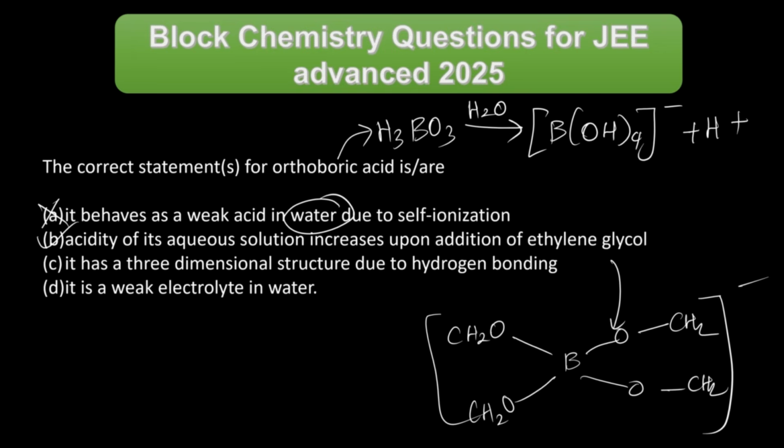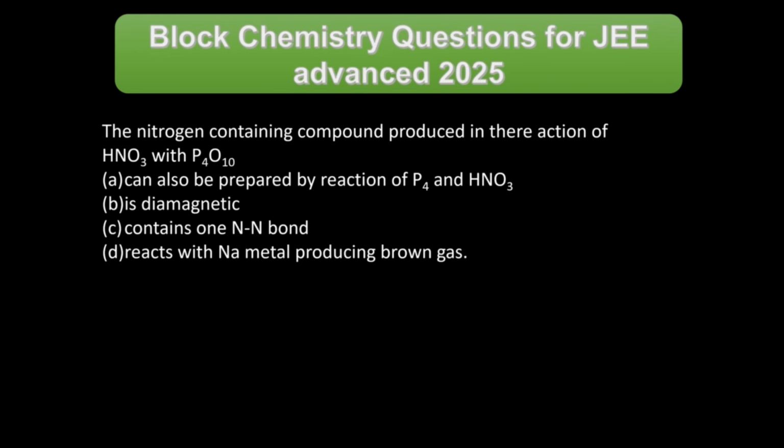It has a three-dimensional structure due to hydrogen bonding. So it can form unsymmetrical hydrogen bonds to have a layered structure, not a three-dimensional structure. Then it is a weak electrolyte in water. So that is true. It is a weak electrolyte in water because I have already mentioned that it is a weak acid. So B and D are the right statements.